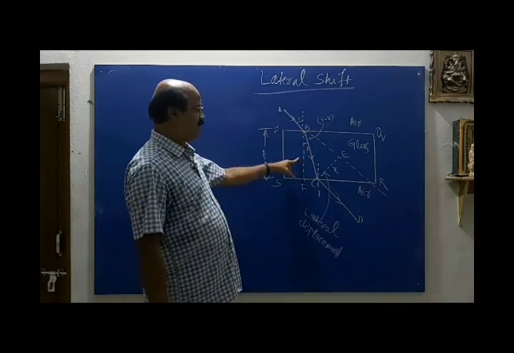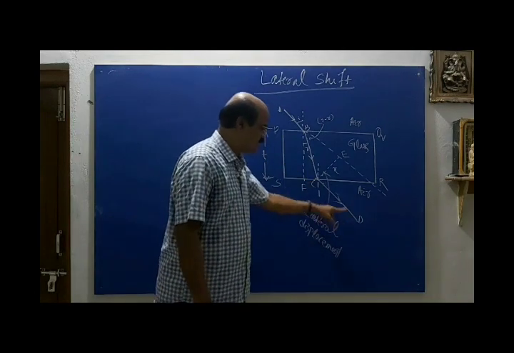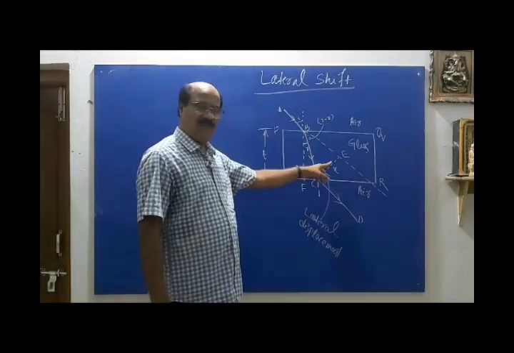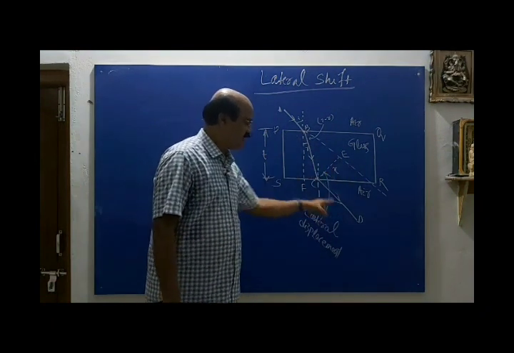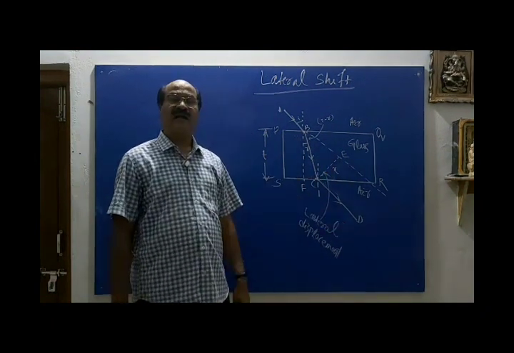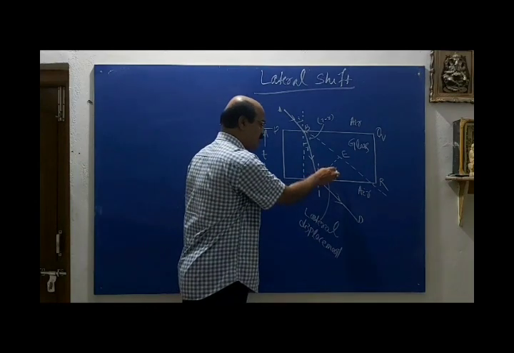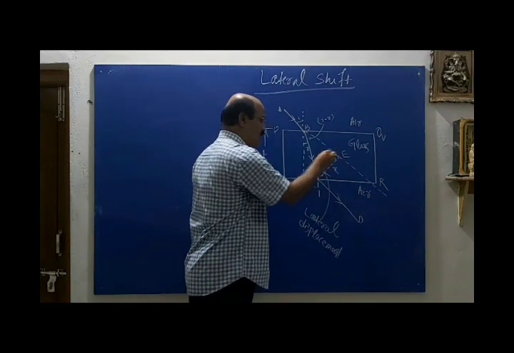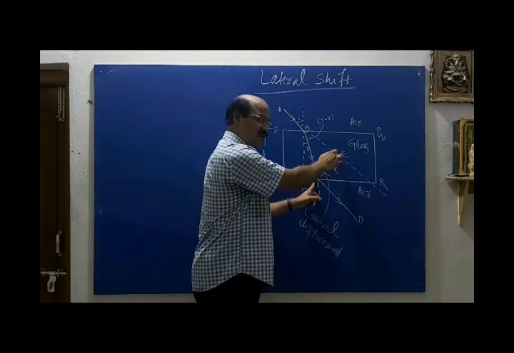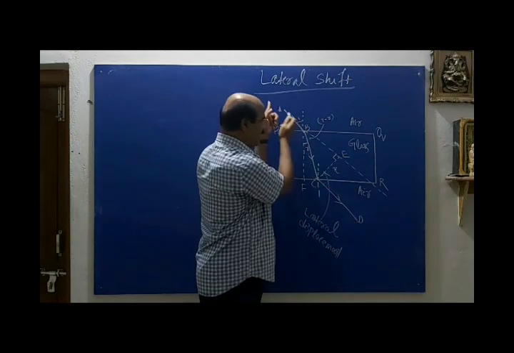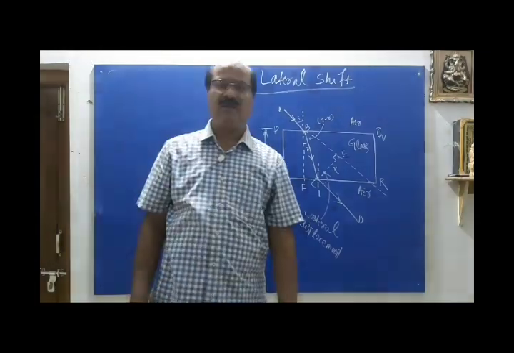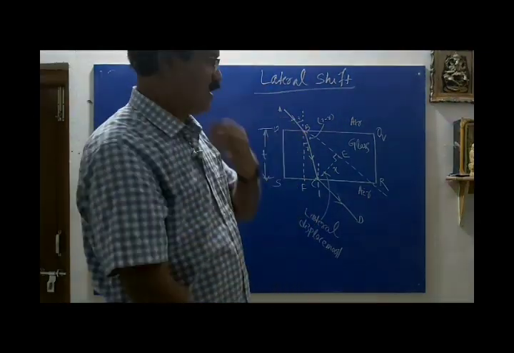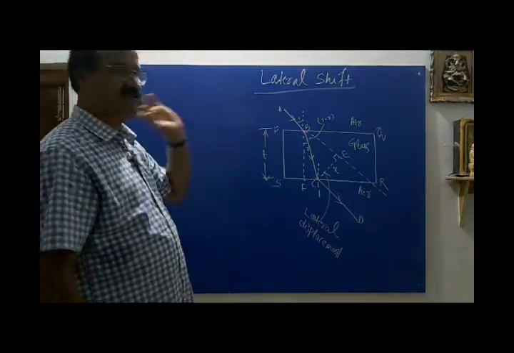Due to refraction it is passing through this line. The perpendicular distance between the incident ray and the emergent ray is called lateral shift, which is x.